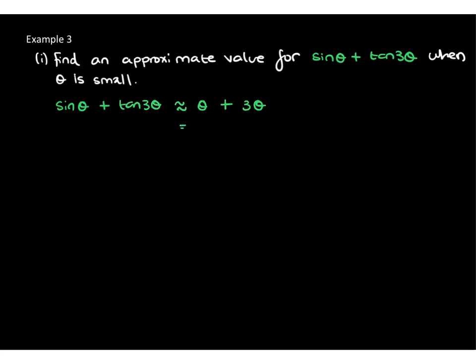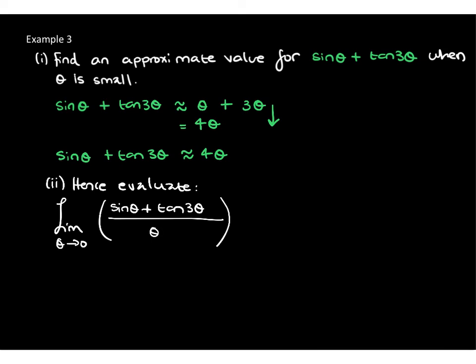So this would then become 4 theta. Just as an aside, I'm allowed to put an equals sign here, a full equals sign, because what I'm saying is that this line here is equal to 4 theta. If I were writing out the full thing again, I would say sine theta plus tan 3 theta is approximately 4 theta, a little quirk of mathematics.